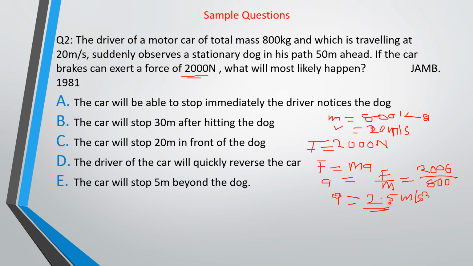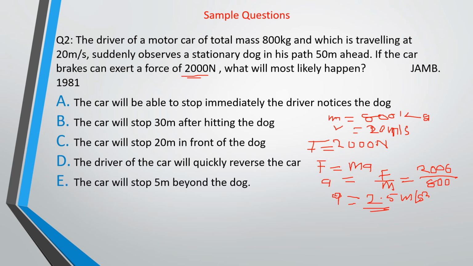So we want to know the distance it will travel before it comes to rest. The velocity the car was traveling at is 20 meters per second, so that is the initial velocity. Then the final velocity will be equal to 0.